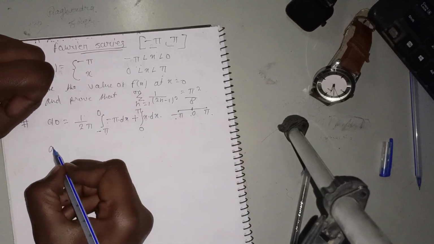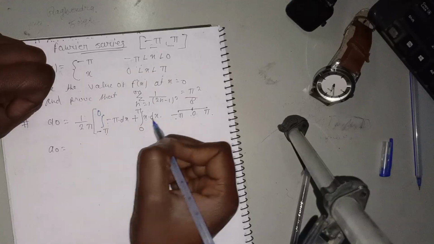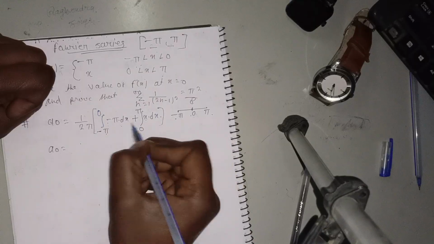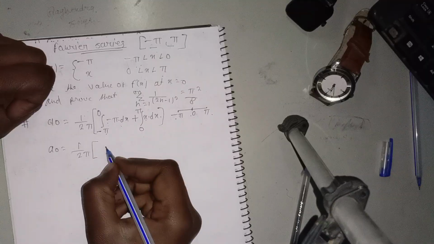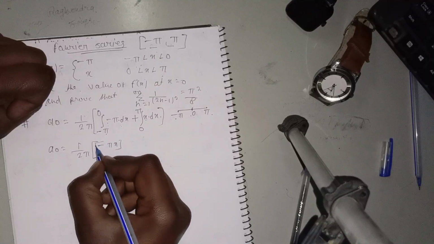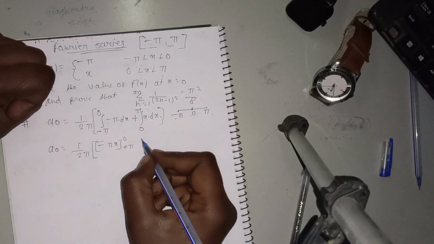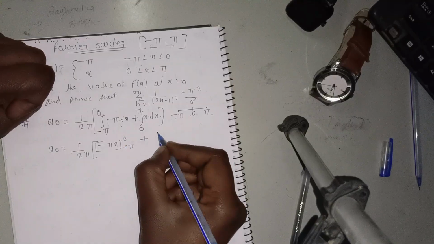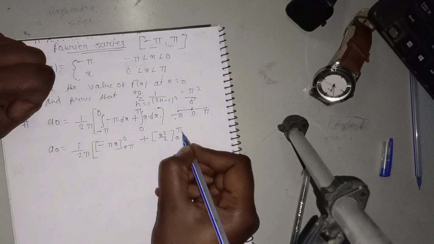Now simply integrate. A0 is equal to 1 upon 2 pi, because 1 upon 2 pi is everywhere. So 1 upon 2 pi, minus pi x from minus pi to 0, plus x square by 2 from 0 to pi.